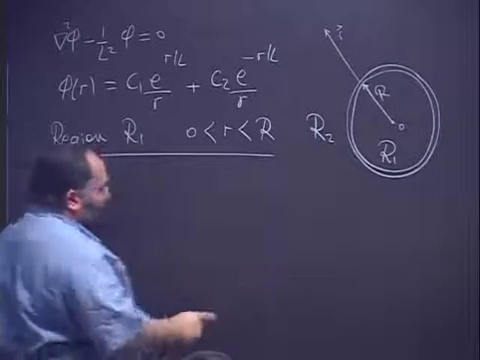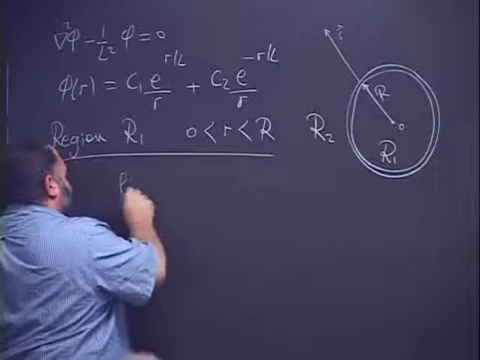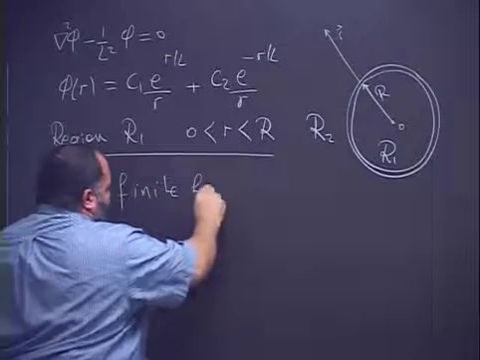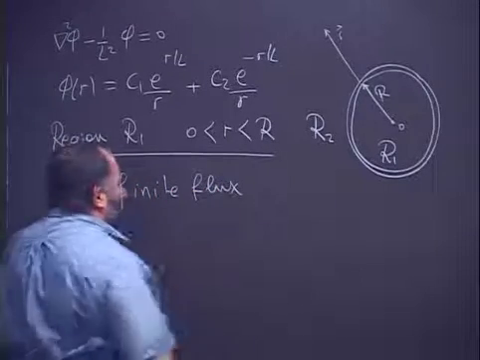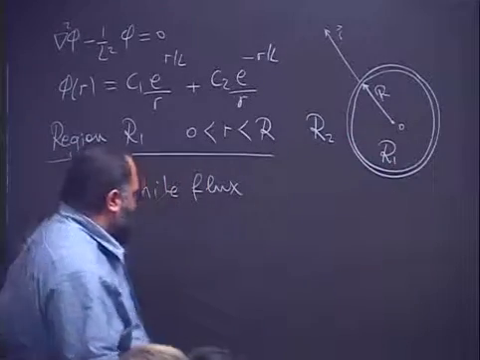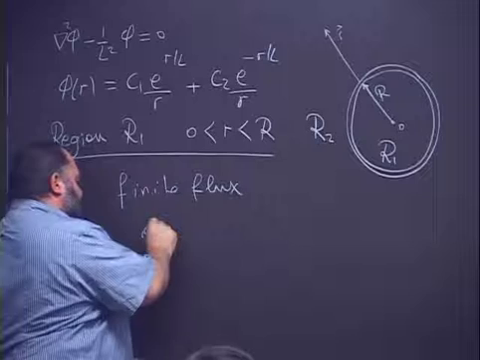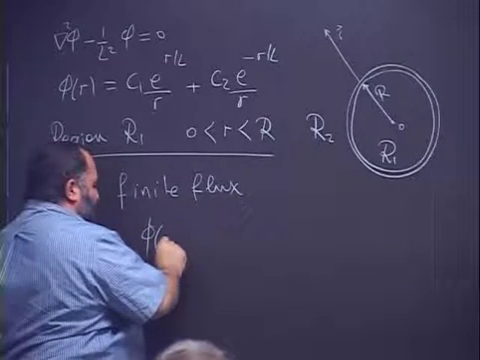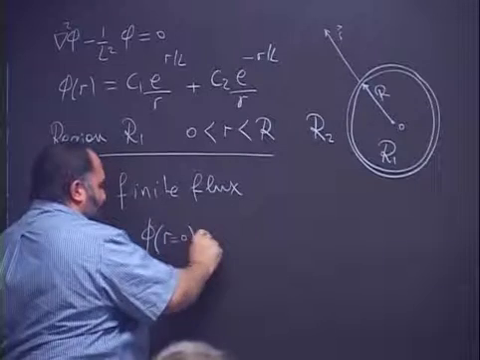So in this region here, you have to have finite flux. What do we mean by finite flux? Flux does not go to infinity at r equal to 0. So φ finite.